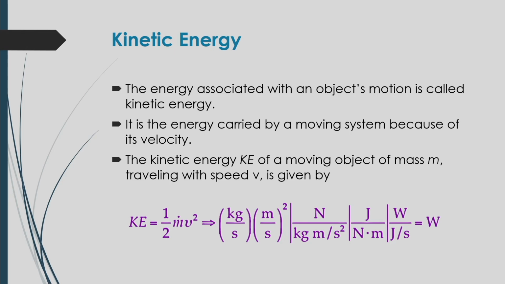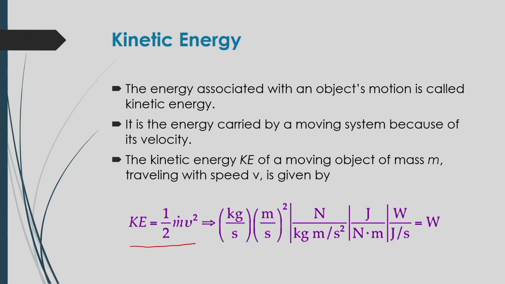This is basically associated with an object's motion, and it is the energy carried by a moving system because of its velocity, and the kinetic energy of a moving object of mass m travelling with a speed v can be defined as half m v square.